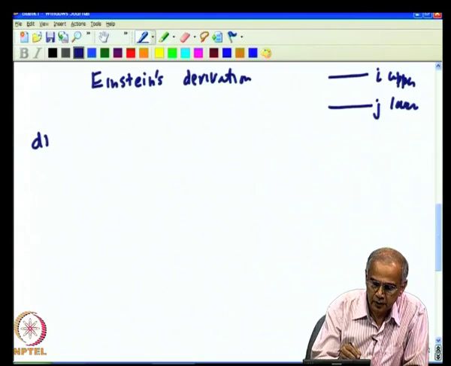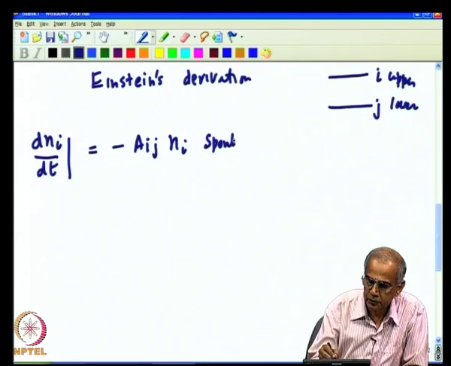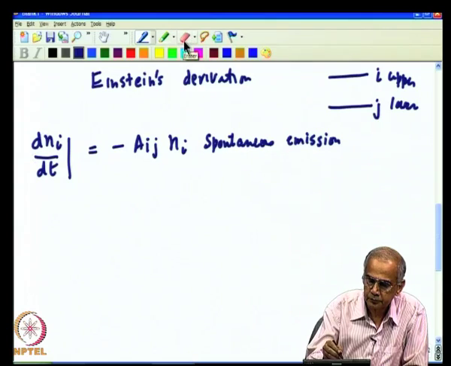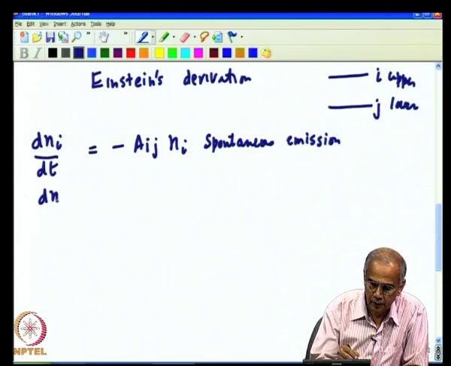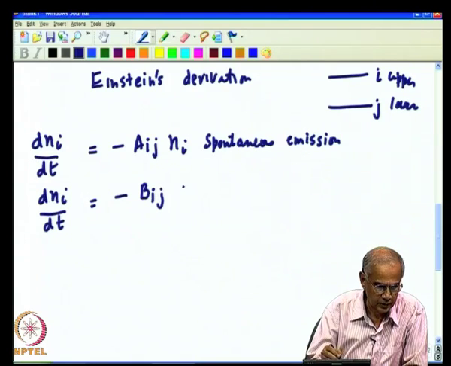One is dNi dt equal to minus Aij Ni for spontaneous emission, and then we had dNi, change in number of molecules in time due to induced emission, which is the new idea that Einstein had.